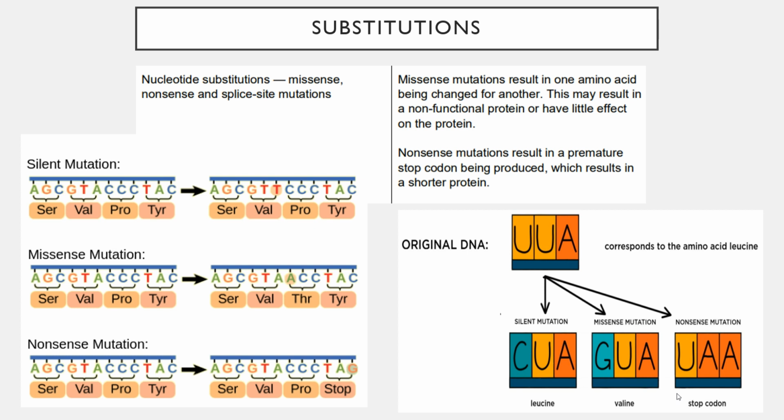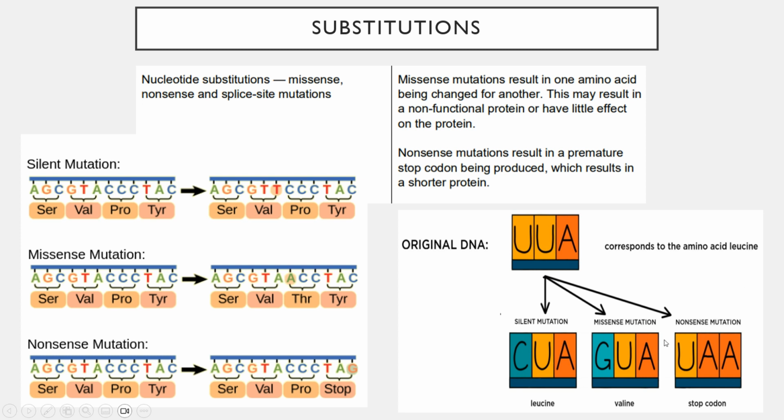It still is the right length and only one amino acid is affected, but it could still result in a non-functional protein. Alternatively, a nonsense mutation might result from one of these substitutions, and this is where a stop codon is inserted far too early into the sequence, so the protein made is too short to function correctly.